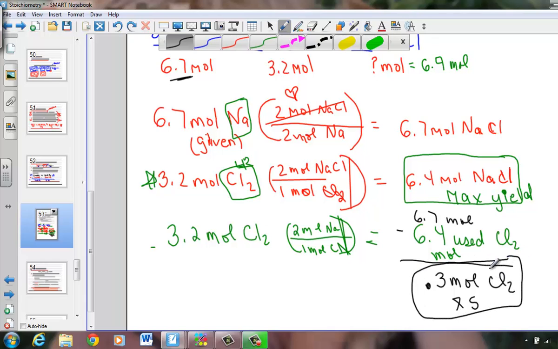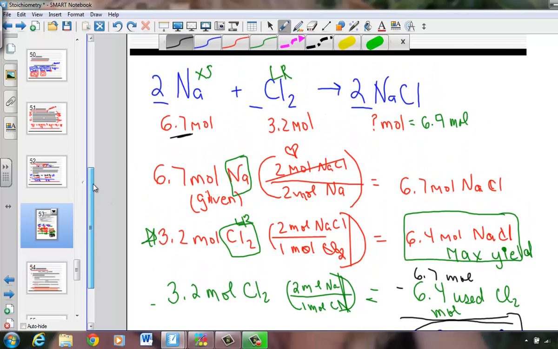Here's what we've just done a first time. We were given 2 quantities of our reactants, and we used 2 separate stoichiometry journeys to solve for the desired quantity of product. We realized that our maximum yield, the most I could ever make, would be the smaller of my 2 answers. I can only make as much product as the smaller of the 2 values. Therefore, I labeled my maximum yield of sodium chloride as 6.4 moles.